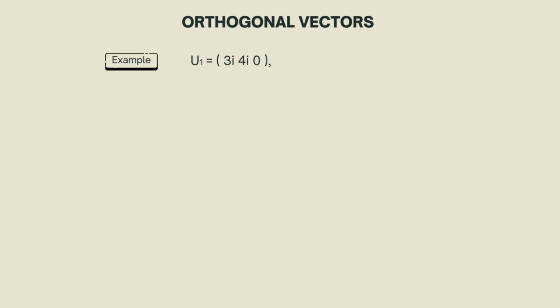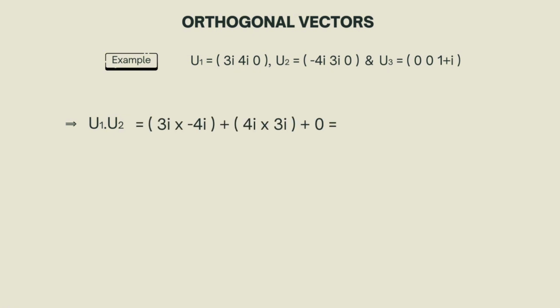Find whether the vectors u1, u2, and u3 are orthogonal vectors or not. Now find the dot product of the two vectors u1 and u2 by multiplying the corresponding elements of the two vectors and adding the products. We get the dot product of u1 and u2 as 0. Now find the dot product of the two vectors u2 and u3 in a similar way.